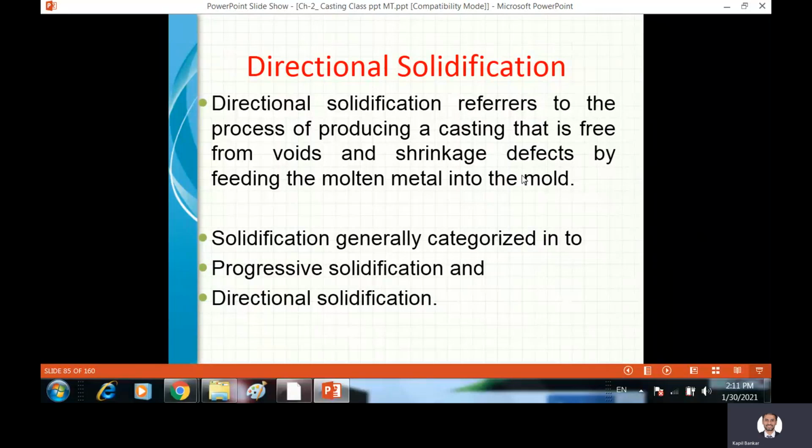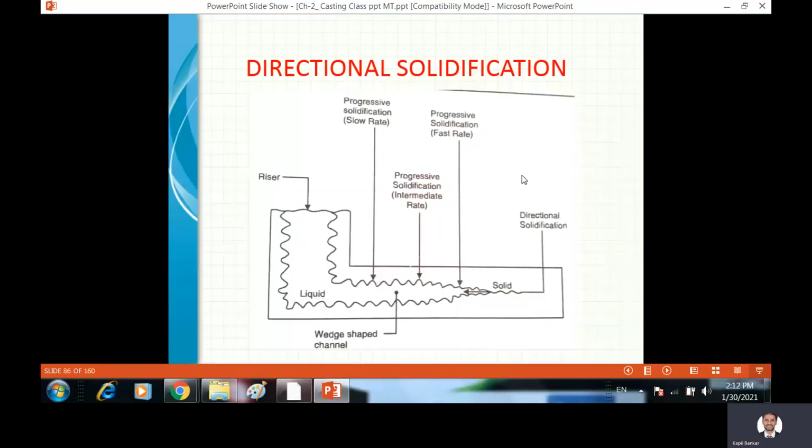So these solidifications can be categorized into two parts: one is progressive solidification and the other is directional solidification. Here, see in this sketch, suppose your solidification starts from the wall side, from the wall to the center.